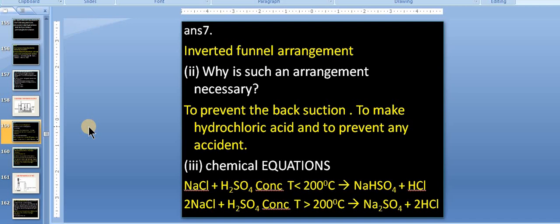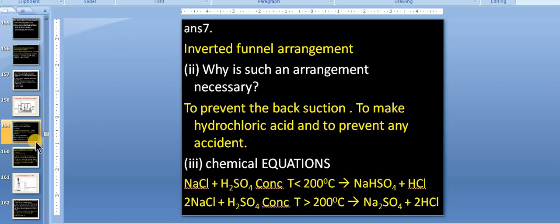Why acid salt? Because one cation, Na, is present, along with one extra H plus. When a salt possesses extra H plus, that salt is known as an acid salt, right? Similarly, Na2SO4 does not have any excess H plus, so that salt is a normal salt, right?